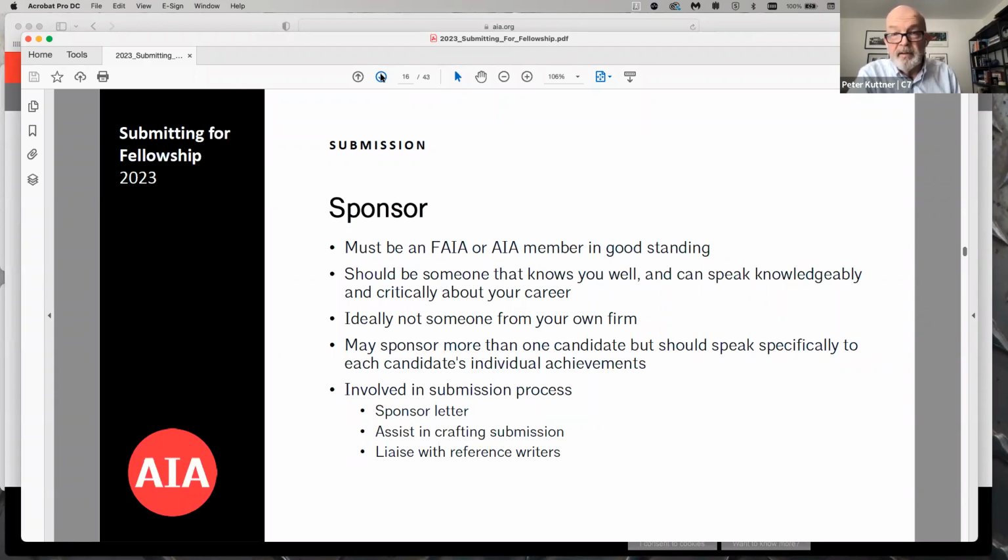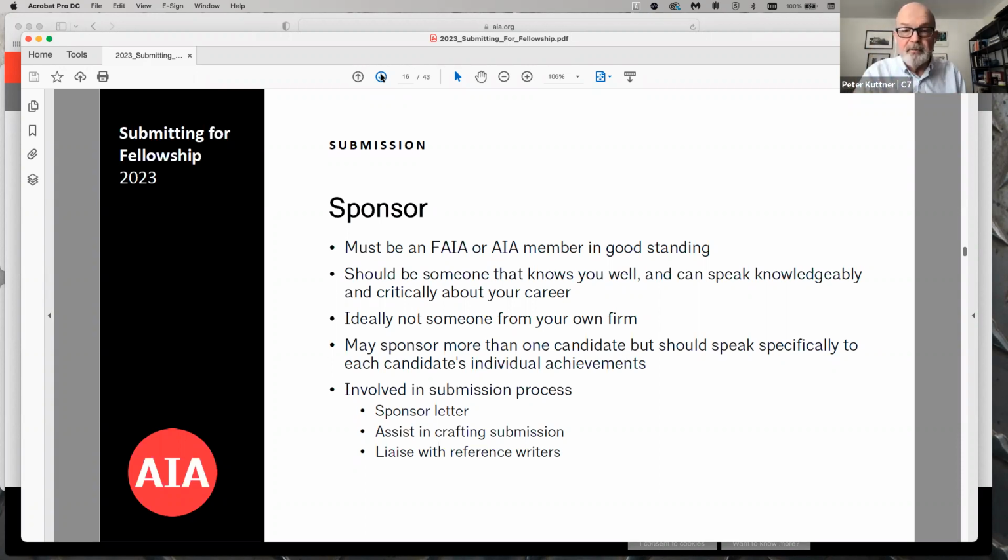One of the most important tasks, while you're finishing up your part of it, is that they chase your letter writers. I recommend that you obviously contact your letter writers in the first place, put them together with your sponsor, and actually tell your letter writers what aspect of your career you would like them to address.